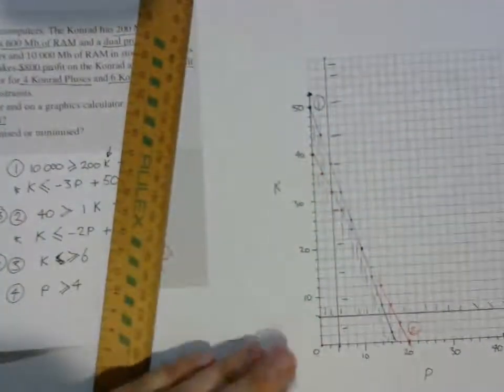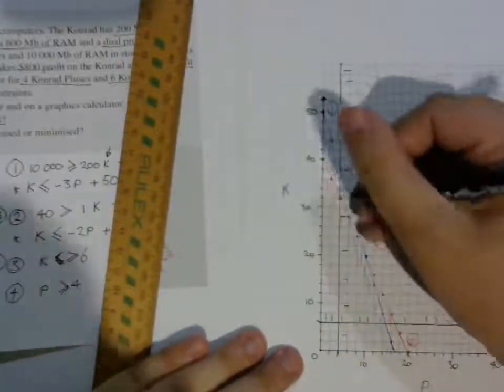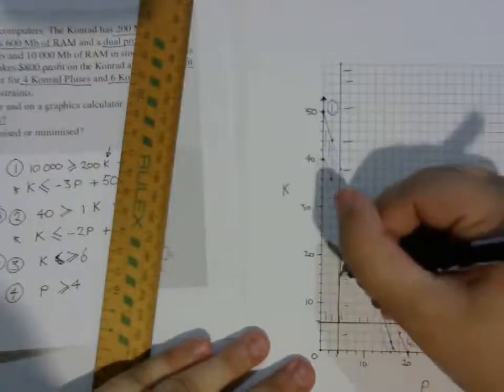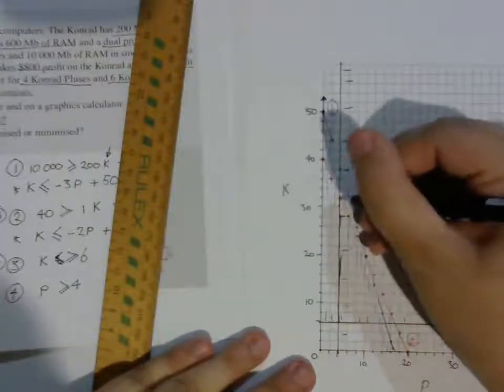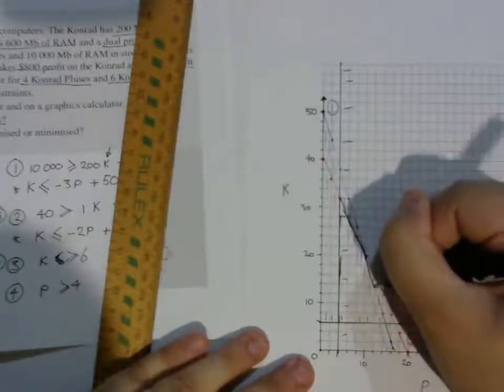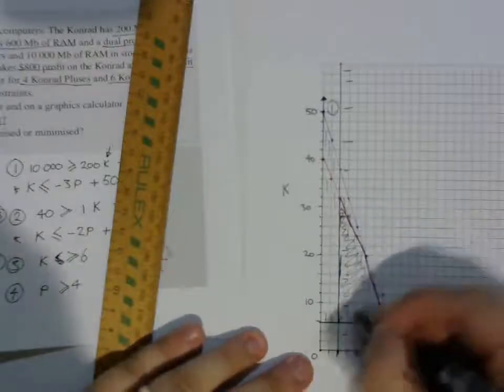So the region of possible solutions is given to us in this shape in the center here, going across to this point, then down. This is our region of possible solutions.